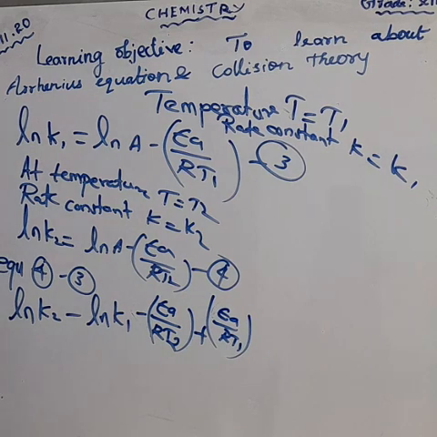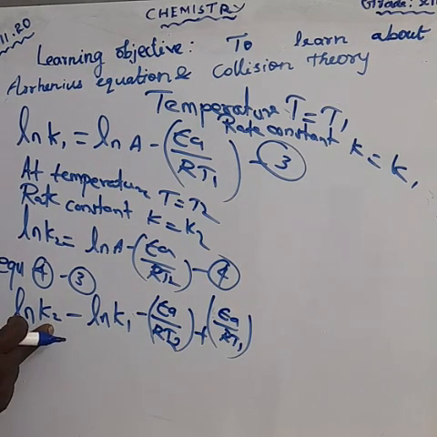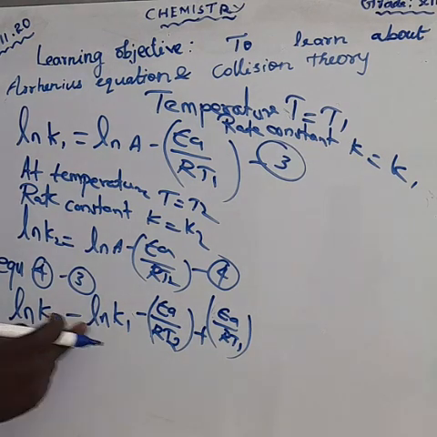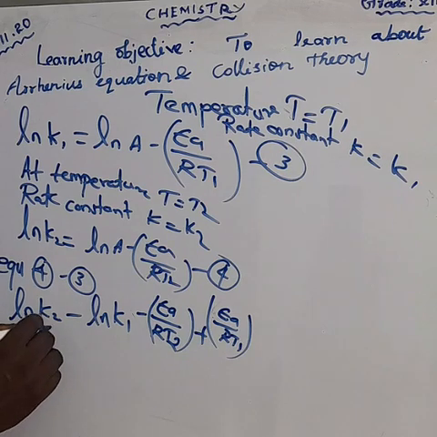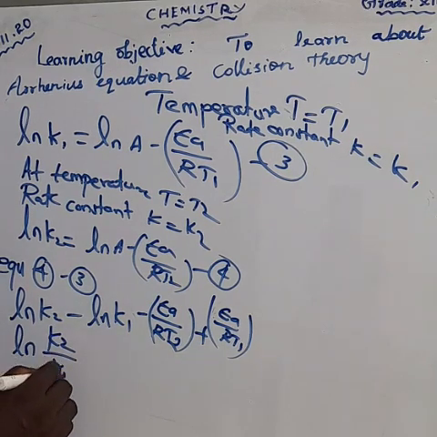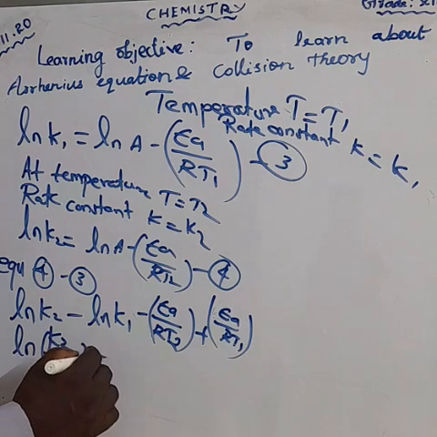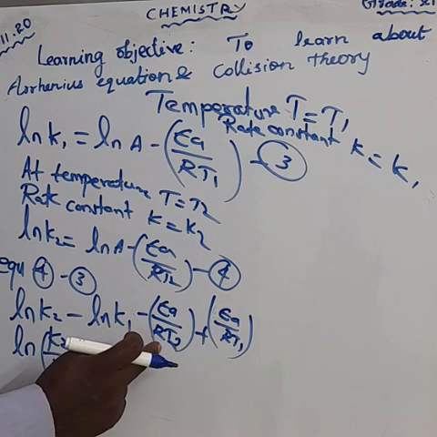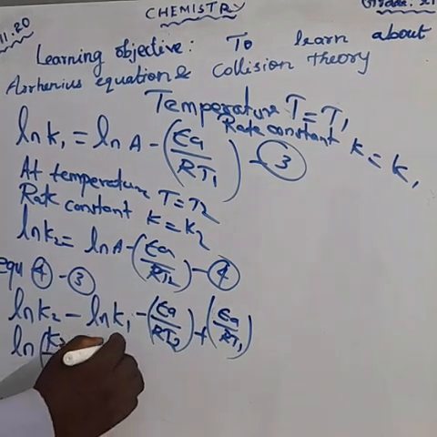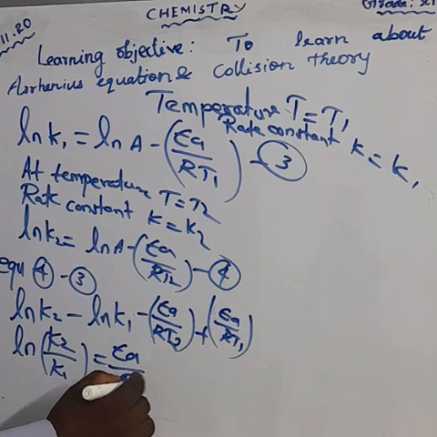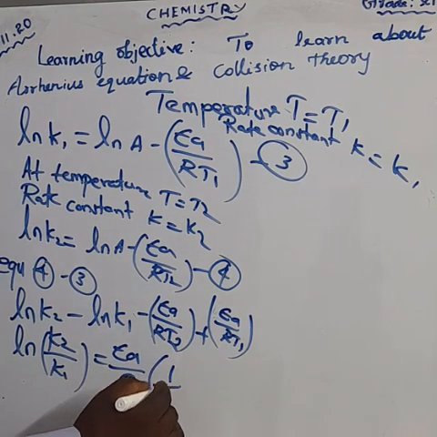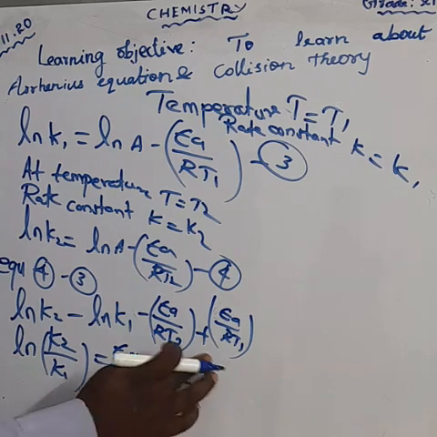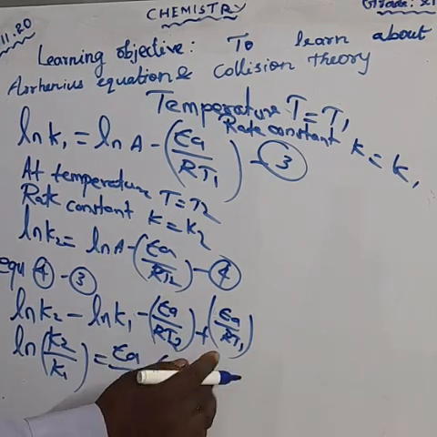Next, ln K2 by K1. Taking the common factor, ln K2 by K1 is equal to Ea by R, with Ea and R common, times 1 divided by T1 minus 1 divided by T2.